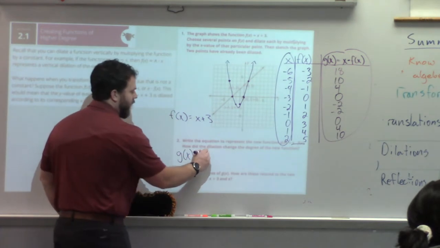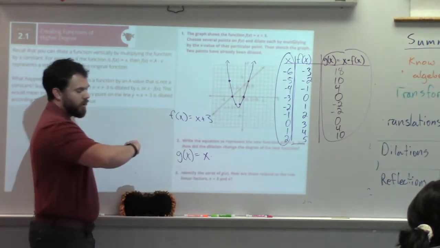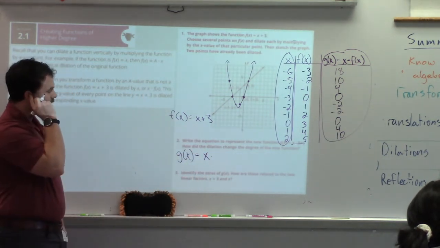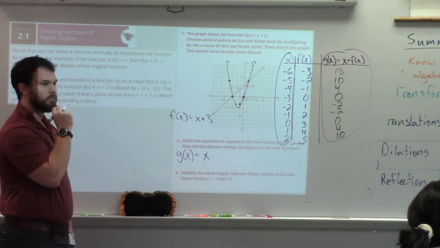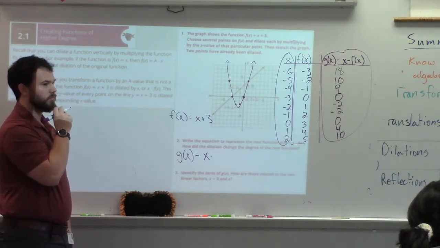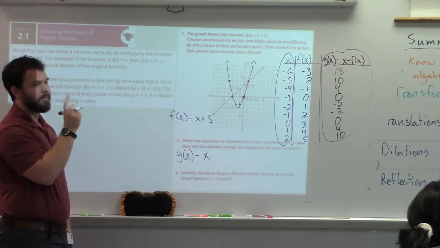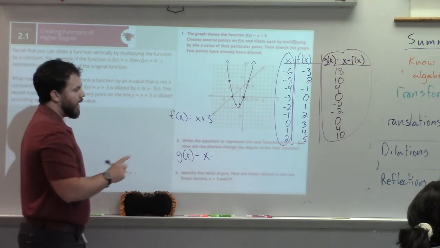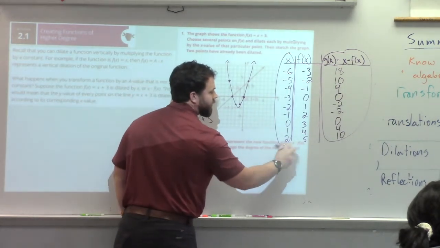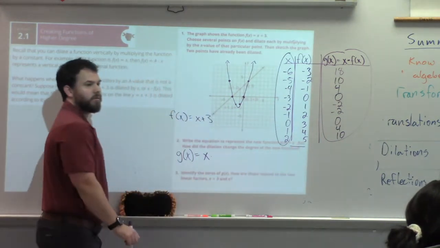Well, g of x is x times f of x. What could I put in the place of f of x? Any of those? Put 18, 10, 4, 0? Those are only that particular output. What can take the place of that f of x?